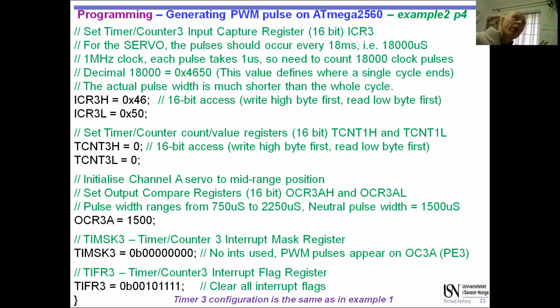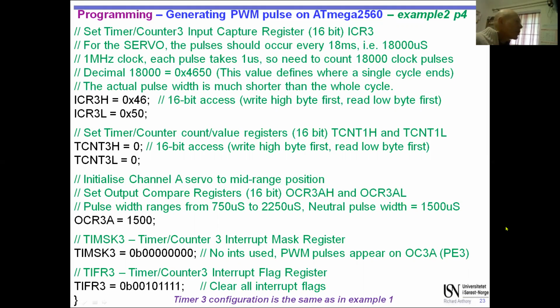It doesn't control my two servo robot. What you would do is set output compare register 3A to one value and output compare register 3B to another value, and that would then give you two servo outputs.